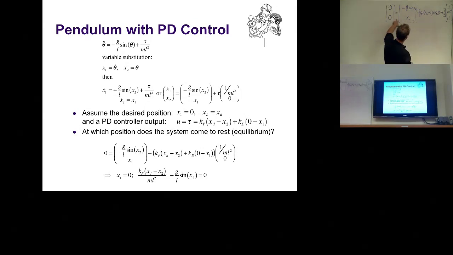Now it's very easy to start with the second equation. So it has a 0 here and x1 there, and then has a 0 multiplying this term, so this one goes away. So what we get as a first result is that x1 equals 0. So this is now the equilibrium point.